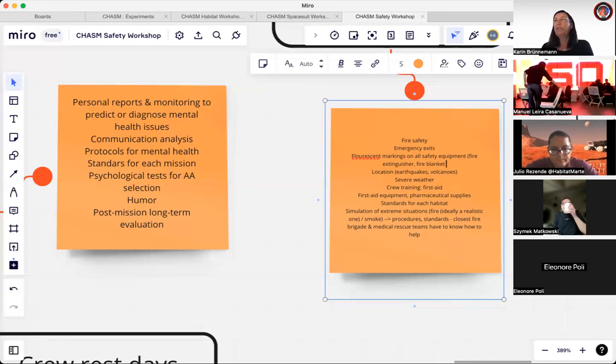But should we have a defibrillator in the habitat? It depends how far the mission control is. Yeah. Well, mission control is usually very far.